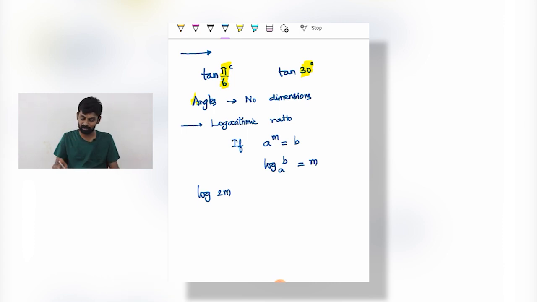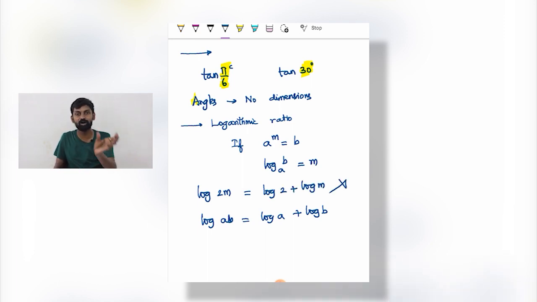We know a property in logarithm which says that log AB is equal to log A plus log B. So, here log 2 into meter, if you are actually writing, you have to write it as log 2 plus log meter, which is not possible because log of meter is not possible. Meter is just a unit, it is not a numerical value. So, it is not possible to find out log 2 meter.